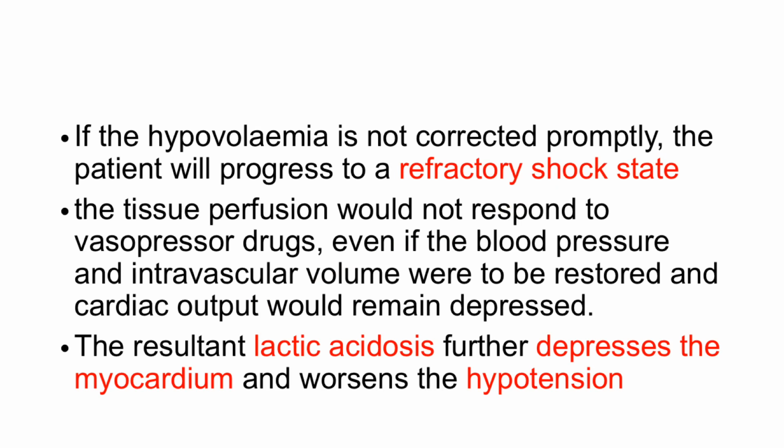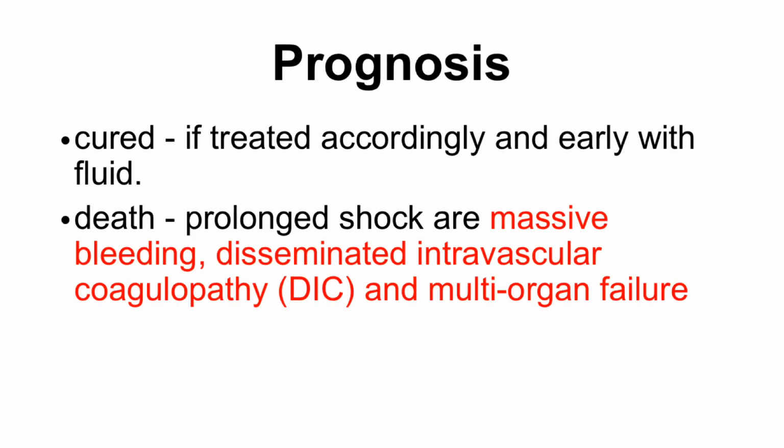The result is lactic acidosis, further depression of the myocardium, and worsened hypotension. Of course, regarding the prognosis, if dengue fever is treated accordingly and early with fluid and proper management, it is curable.